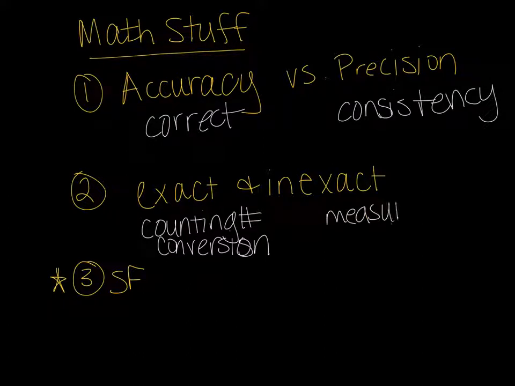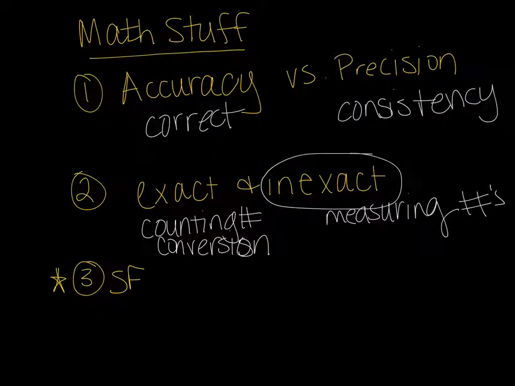So they're going to have decimals in them, okay? And so the thing to remember with that, the whole point of this, is that it affects your sig figs. Inexact affects your sig figs. Exact numbers do not. So do not use your exacts to determine your number of sig figs.